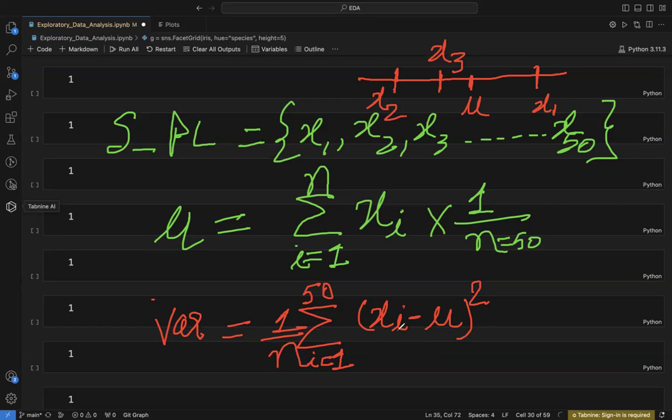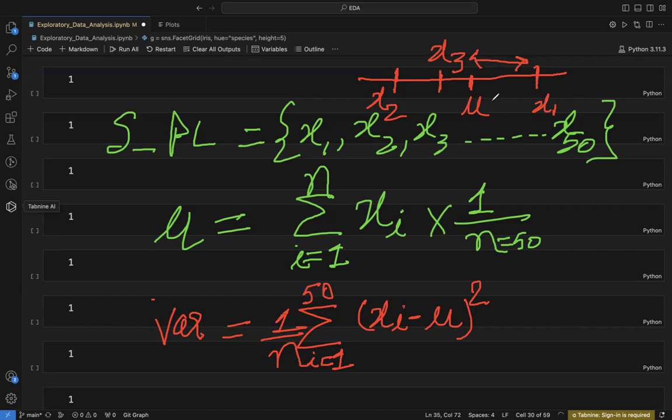So what this is telling me is, if this is my mean and this is my point, let's say x1, what is the distance of x1 from this mu?